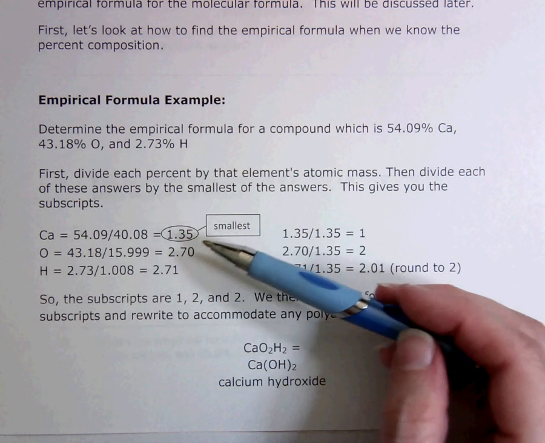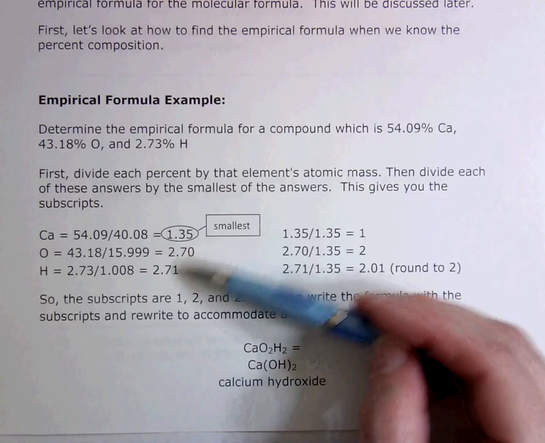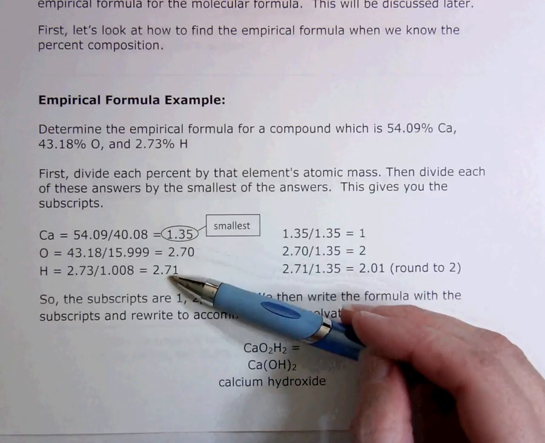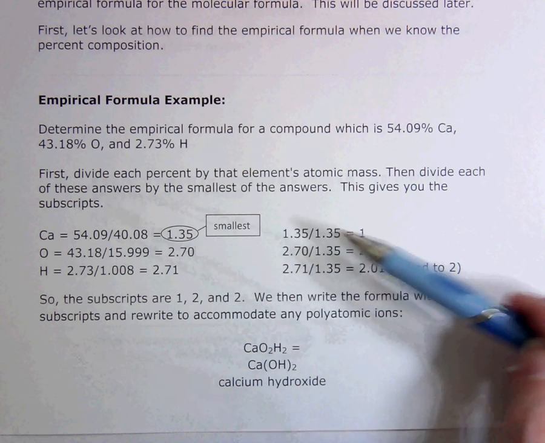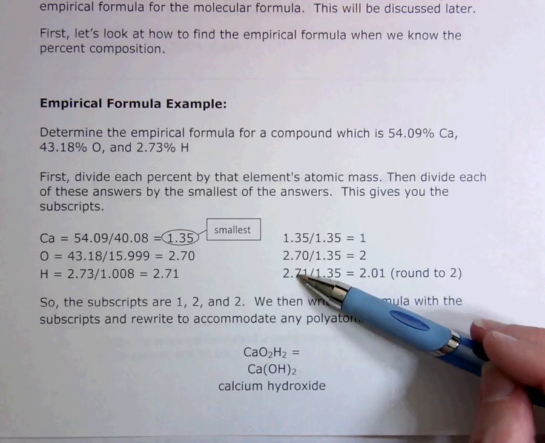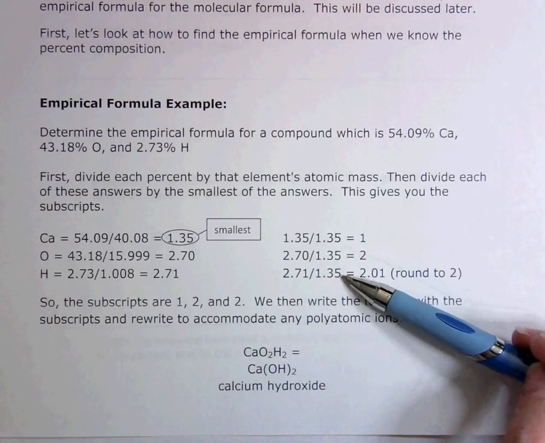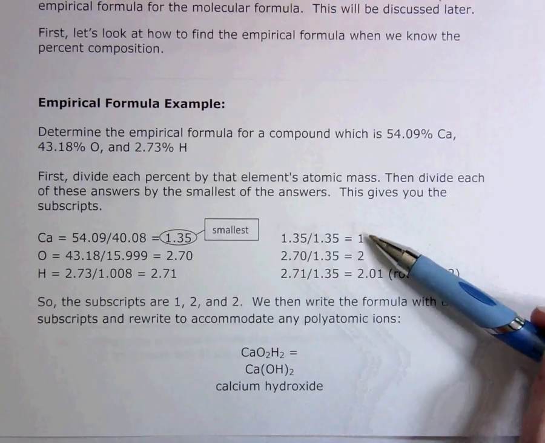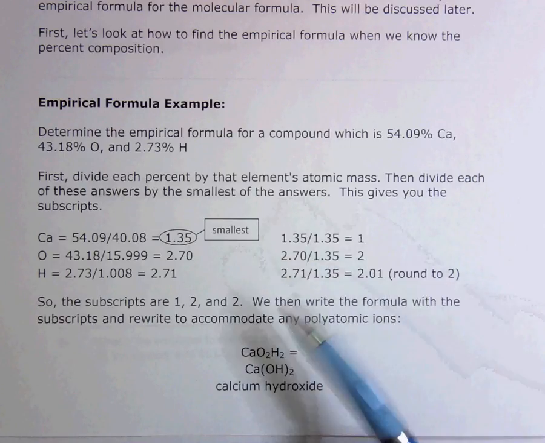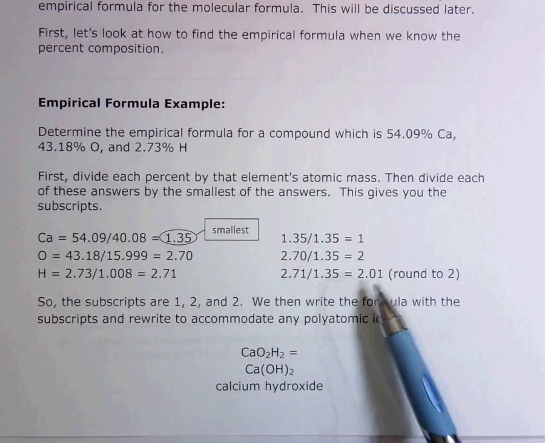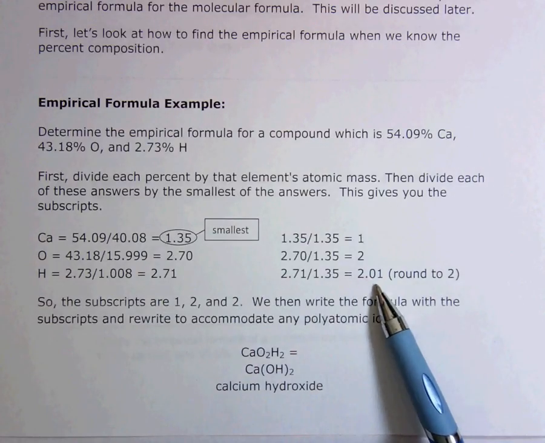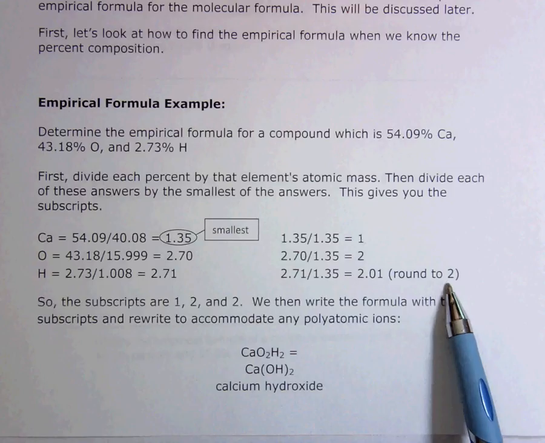Our smallest answer was 1.35, so I divide 1.35, 2.70, and 2.71 all by 1.35. 1.35 divided by itself gives 1. 2.70 divided by 1.35 gives 2, and 2.71 divided by 1.35 gives 2.01. Because it's so close to the whole number we need for a subscript, we just round that to 2.